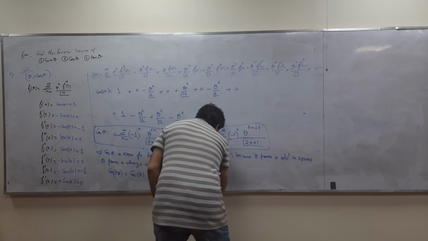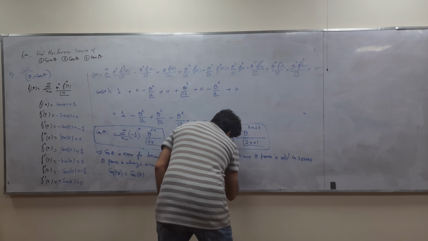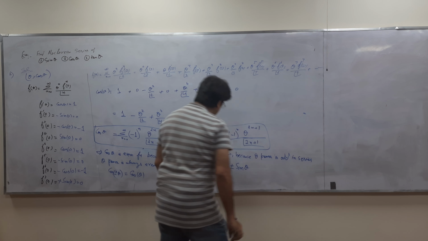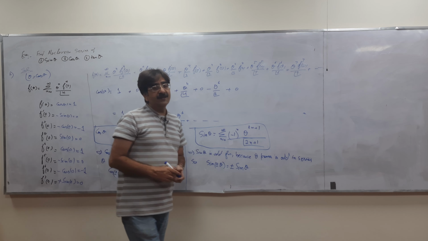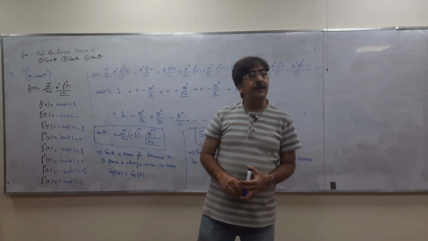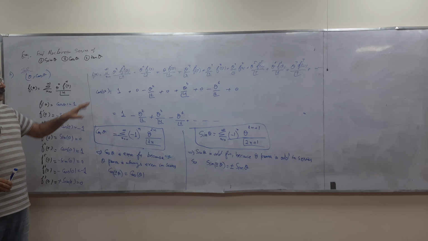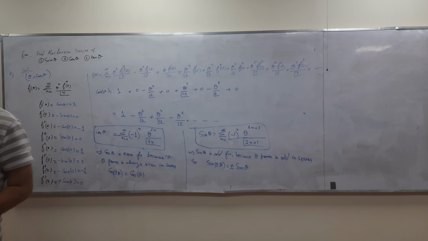So sin of plus or minus theta: if theta is plus, that will be plus, if theta is minus, then that will be minus sin theta. So that is all about sin theta and cos theta. Okay, got it?